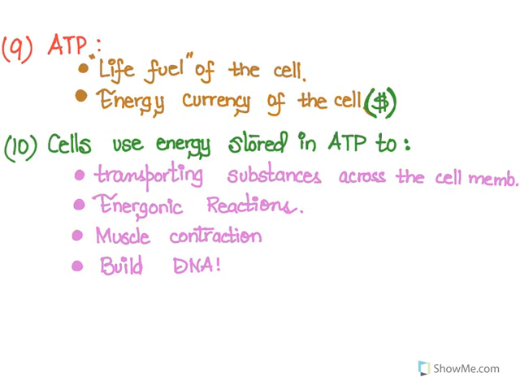The next point is that cells use energy stored in ATP. There are many functions that the cells can use this energy for. Basically, the energy is stored between the phosphate bonds, the triphosphate group. When those bonds are broken, a lot of energy is released, and that energy is used in other metabolic functions, for example, transporting substances across the cell membrane, and organic reactions where energy is used to carry out the reaction.